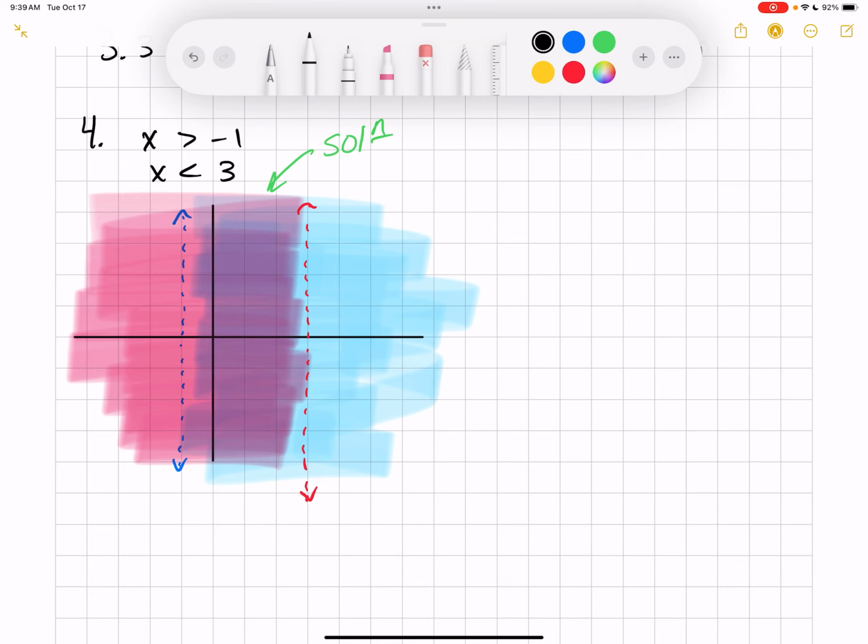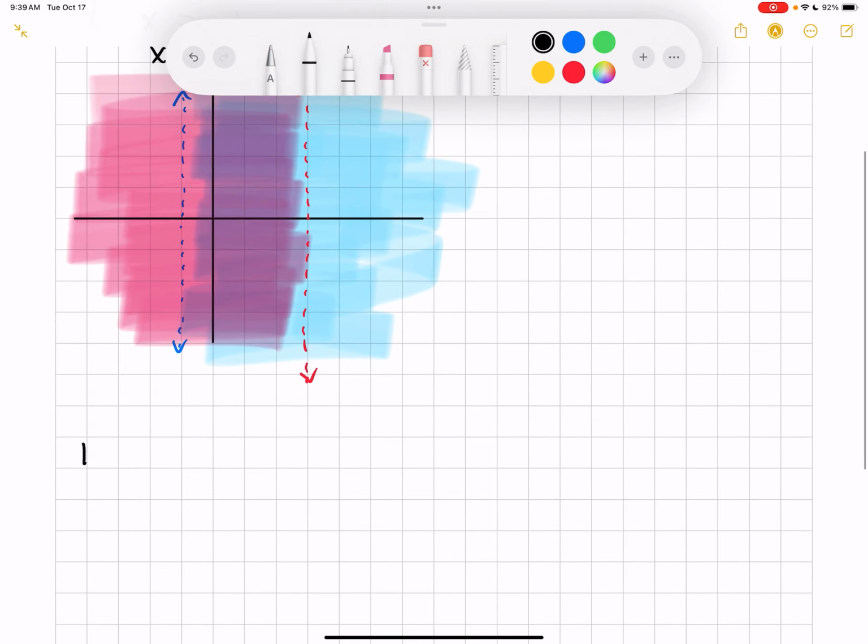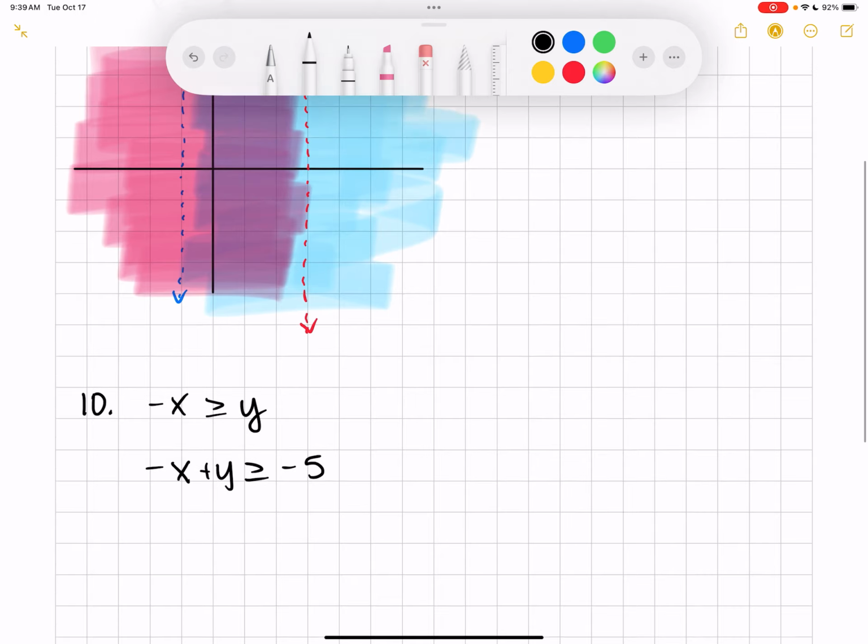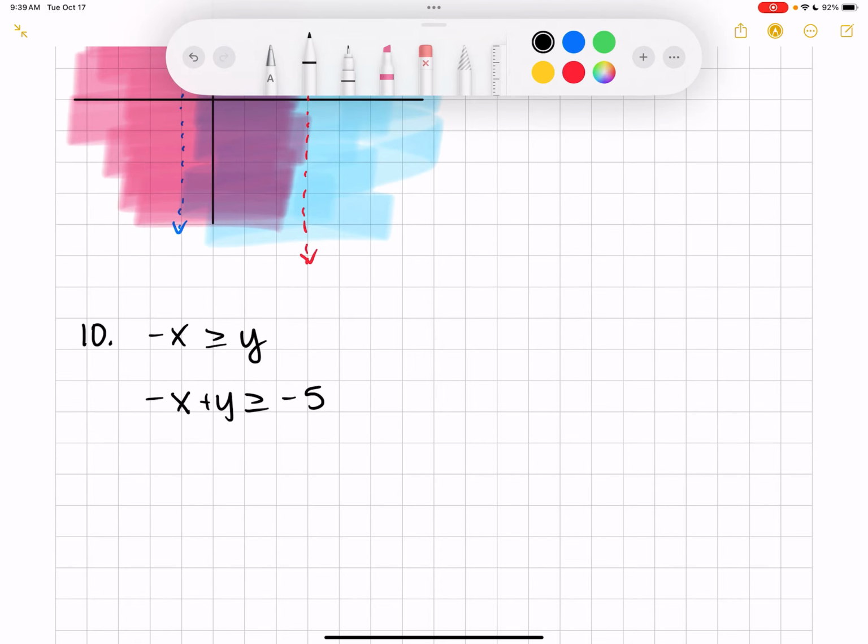Let's see, 10, -x is greater than or equal to y, and -x plus y is greater than or equal to -5. So I need to get these to where I can graph them.